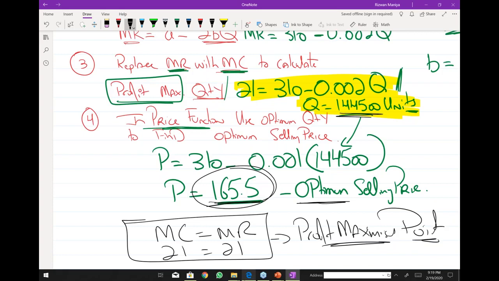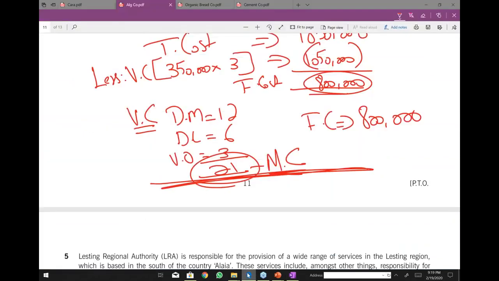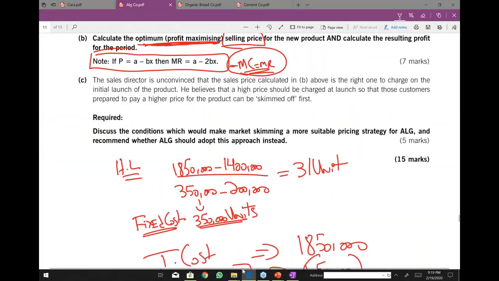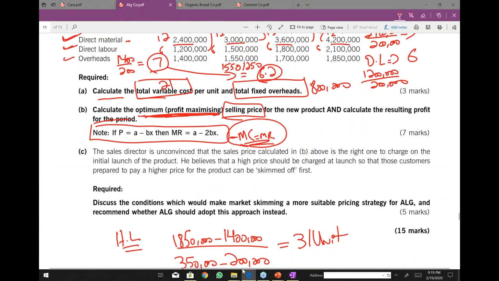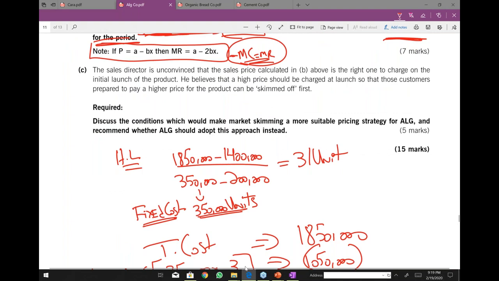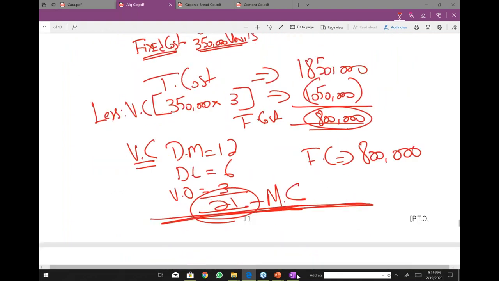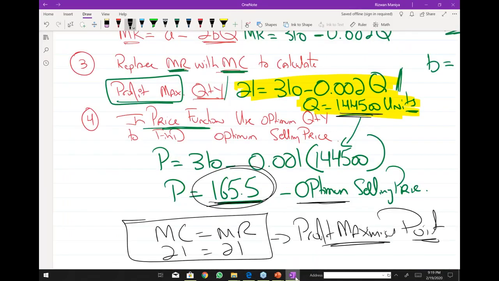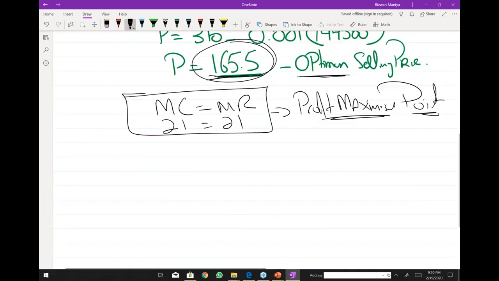Now the requirement asked you to calculate the resulting profit as well. We can work out the profit now because we know the price. So we can work out the profit very easily. Let's work out the revenue. What is the revenue? 144,500 units we'll sell at 165.5.